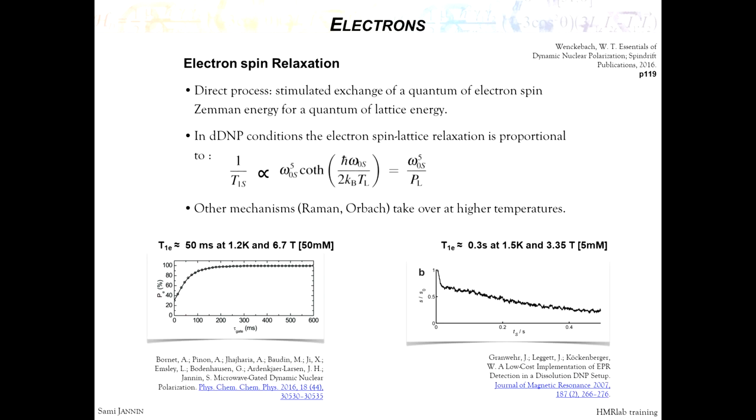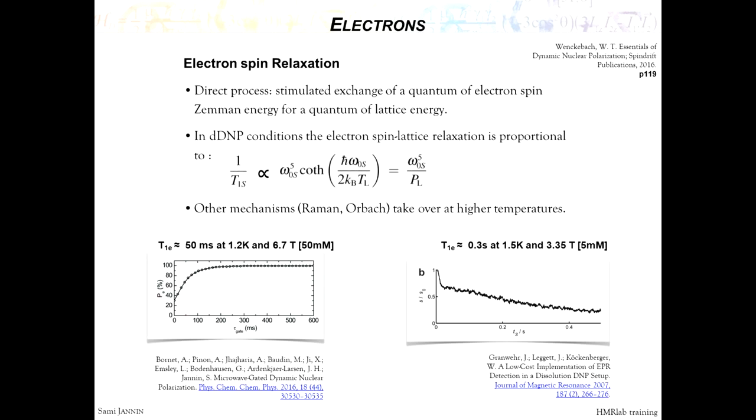They measured the relaxation of TEMPOL at 1.5 Kelvin and 3 Tesla, and they got 0.3 seconds, with longitudinally detected EPR. We did it also, and I think we measured closer to 1 second at 3 Tesla. Then we measured it at 6.7 Tesla and 1.2 Kelvin, and here it was 50 milliseconds.